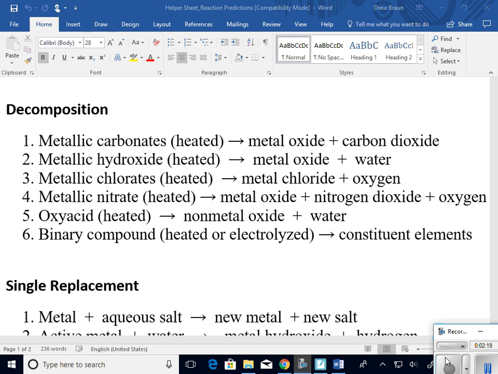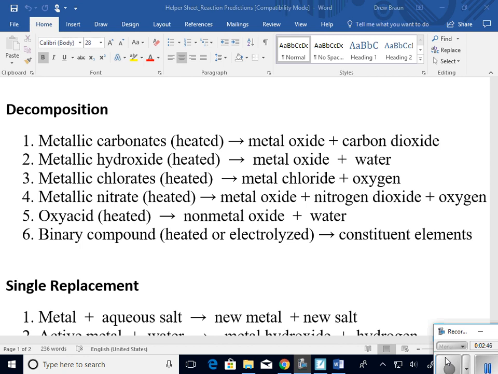compound is made of. Now, one thing that you should notice is we have to have some sort of energy added for this particular reaction to occur. If you remember way back when to the lab, we did one of these labs where we drove off the oxygen.